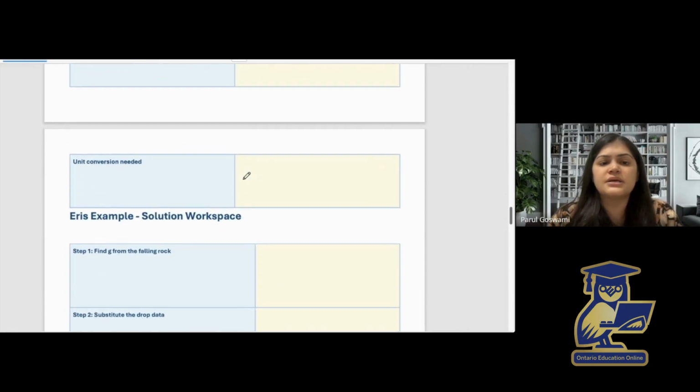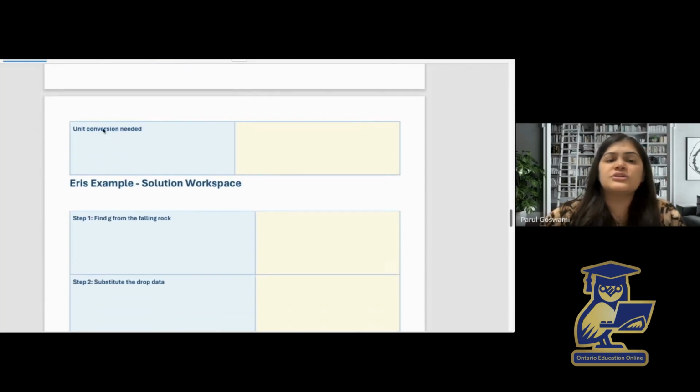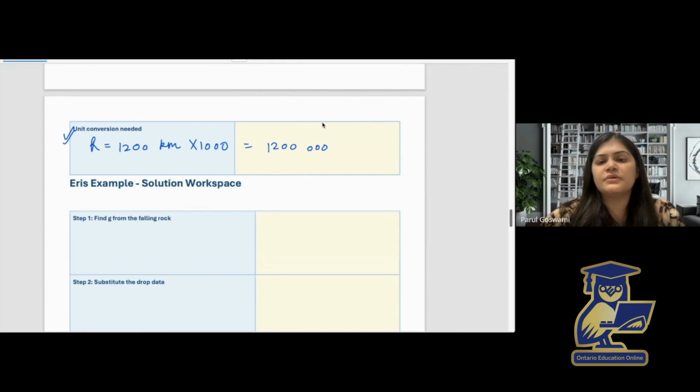So first, unit conversion is needed. As you can see, R equals 1200 kilometers. So we have to write this in SI unit. I will multiply this with 1000 so that the distance becomes in meter.